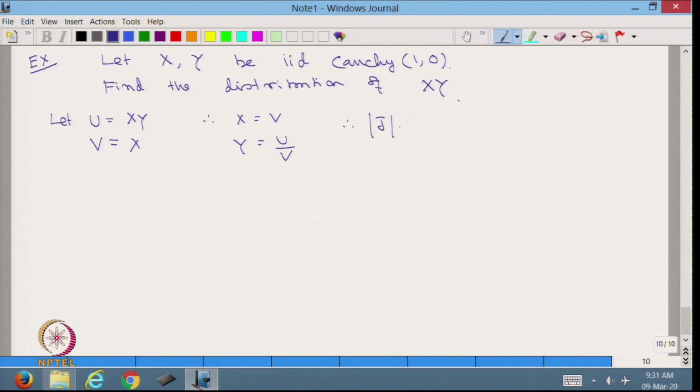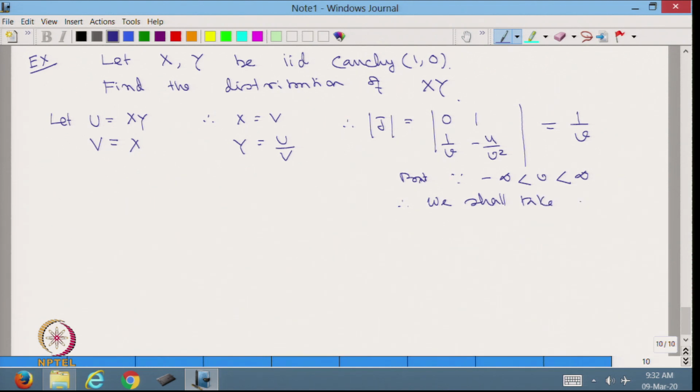Therefore, the Jacobian is going to be del x del u, del x del v, del y del u, del y del v, which is equal to 1 upon v, but since minus infinity less than v less than infinity, therefore, we shall take the modulus of v when v is less than 0.